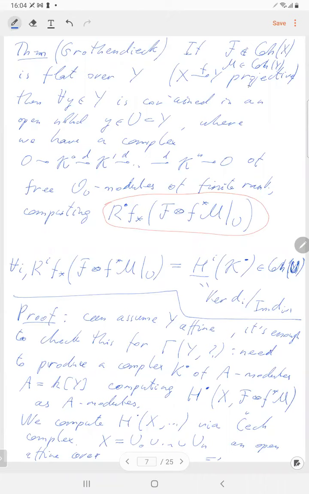Locally, Y is affine, but the morphism was projective, and any projective variety is necessarily separable. Okay, so it works without any additional assumptions. So the cohomology of any coherent sheaf or quasi-coherent can be computed via this Czech complex.